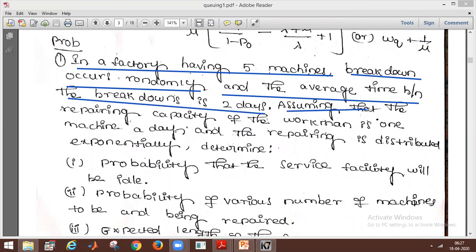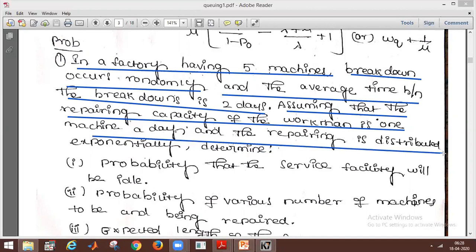Assuming that the repairing capacity of the workman is 1 machine a day, or simply, as in some textbooks, 1.5 machines per day. And the repairing time is distributed exponentially.